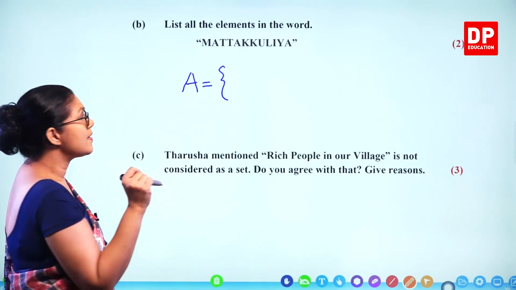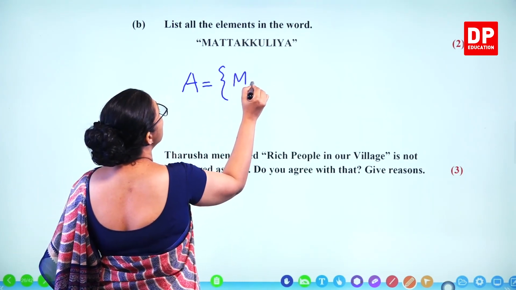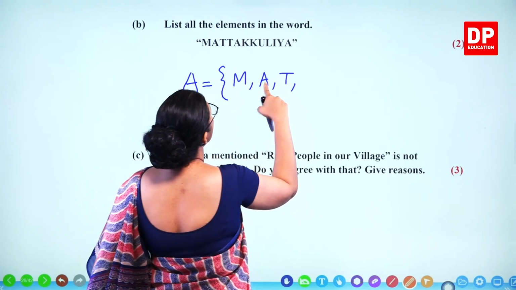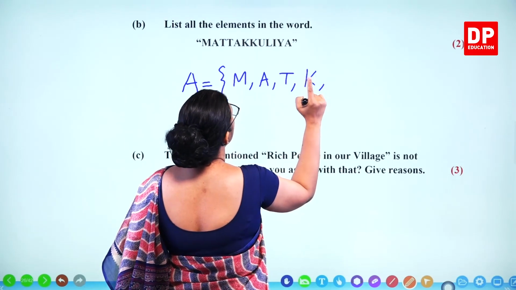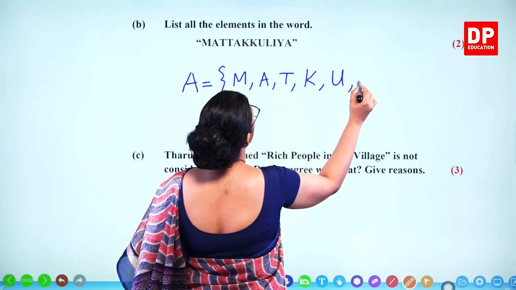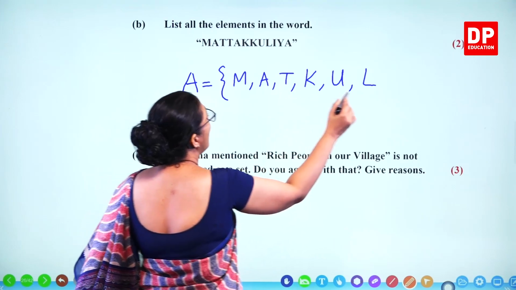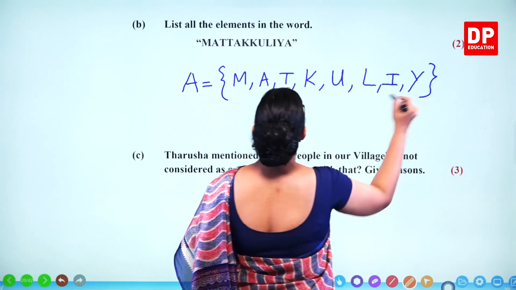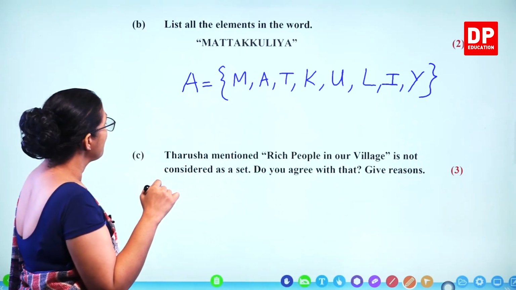You can't repeat the same element. So M, A, T. A, we did that. K, U, L, I, Y. A, you don't need to write it again.